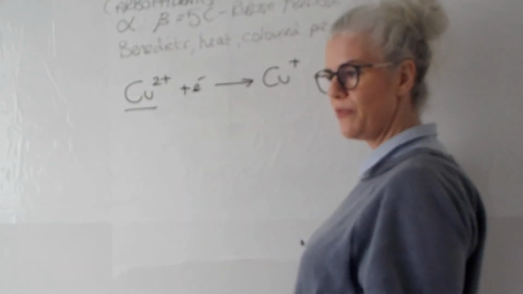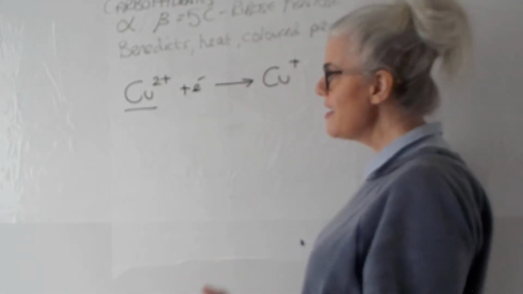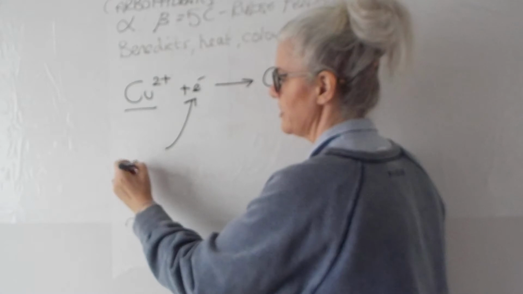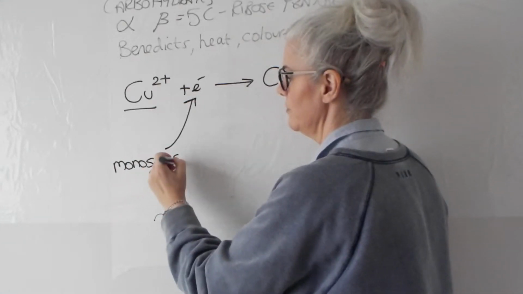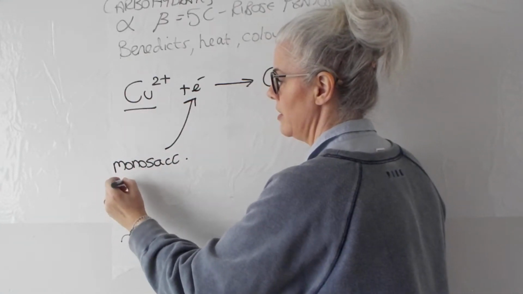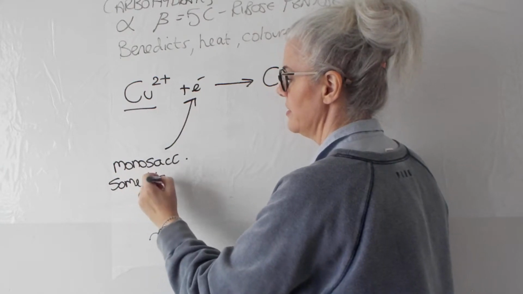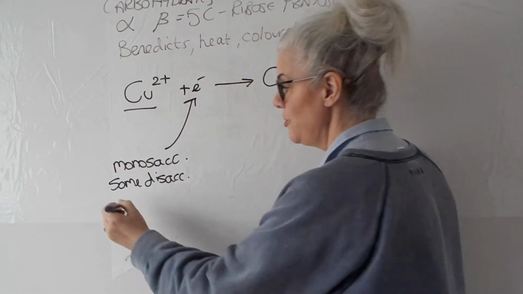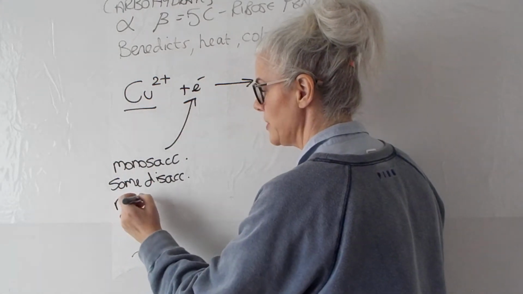Now, in monosaccharides and in some of the disaccharides, they are able to donate electrons. So all monosaccharides and some disaccharides are able to donate electrons. So they are known as reducing sugars.